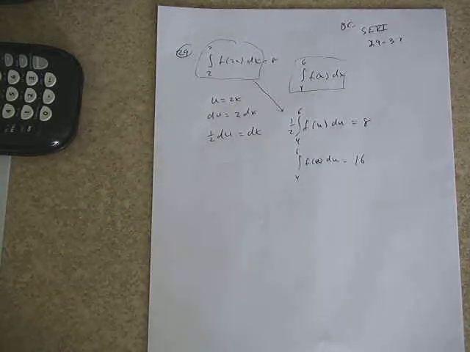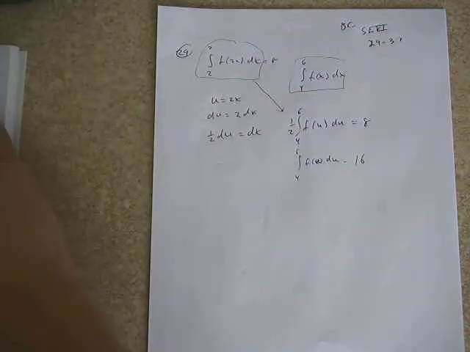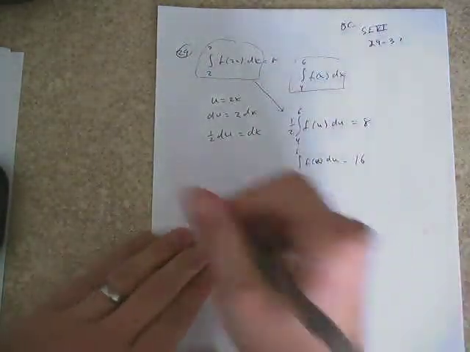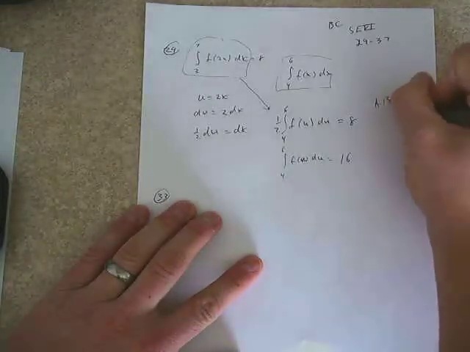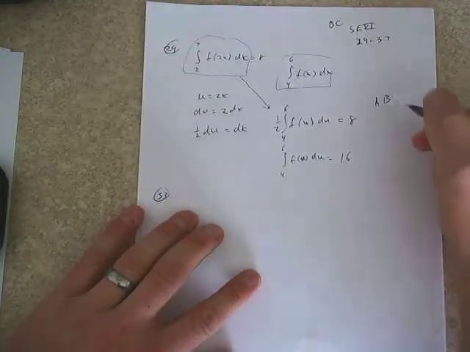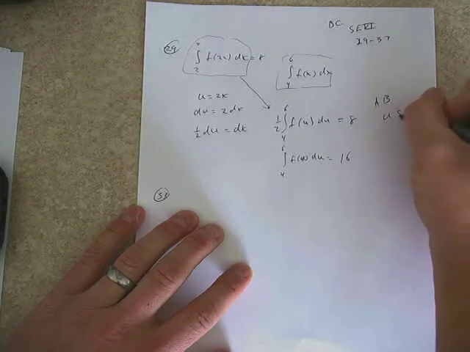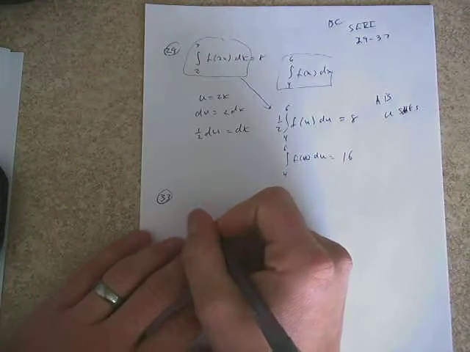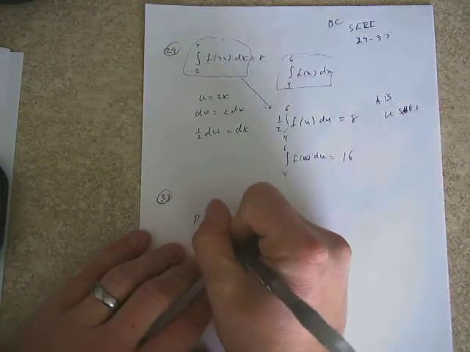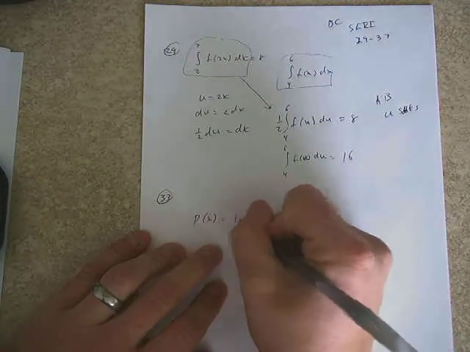What else? 29 through 33. 33 says we have the density. Going back, that would be an AB problem. U substitution. All right.